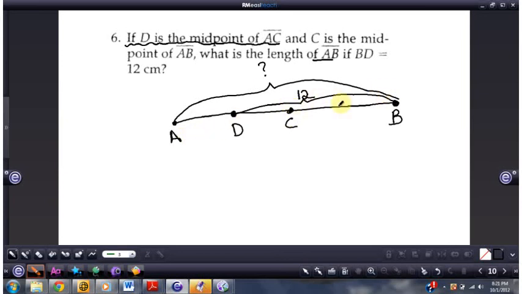That means this 12 is composed of 3 equal segments. I'm going to take my 12 and break it into the 3 equal segments, and that tells me all my segments are equal. And again, that's because I have a midpoint here.